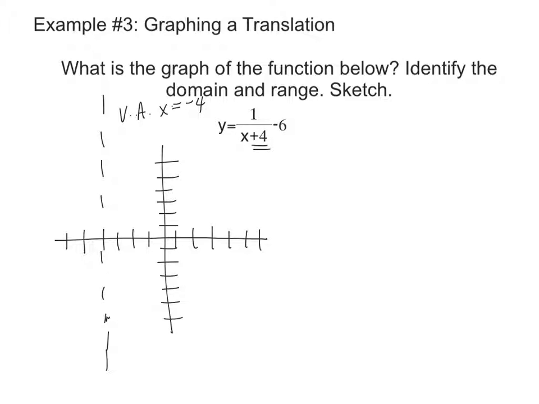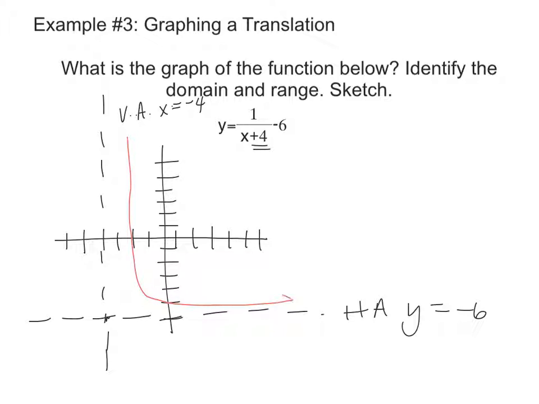And then I have a horizontal asymptote through -6. So the horizontal asymptote is y equals -6. And then from here, all I need to do is sketch. So I'm just going to do a simple sketch about here, and another sketch right about there. And then we just go on and state our domain and range.